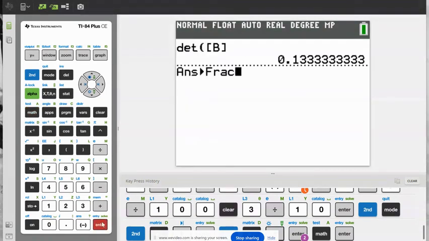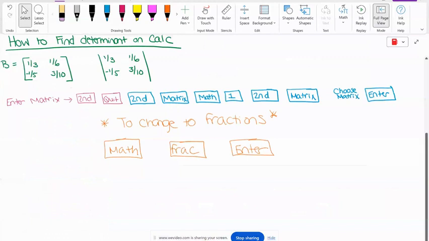Press enter. Enter again. And now we got that our determinant is 2/15. So the determinant of matrix B is 2/15.